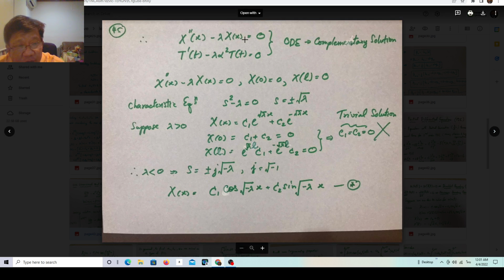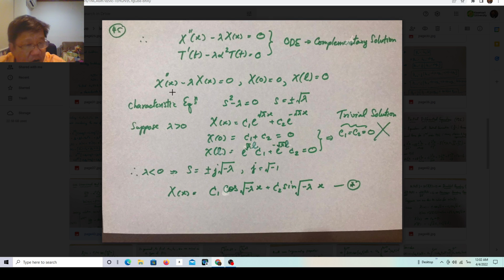And with the right hand side equal to 0, solving for X(x) and T(t) is just solving ordinary differential equations as a complementary solution, which we studied in the first four clips. Because the right hand side has no additional function, the only functions of X(x) and T(t) are complementary solutions. There's no particular solution. So we're going to look at each of these equations.